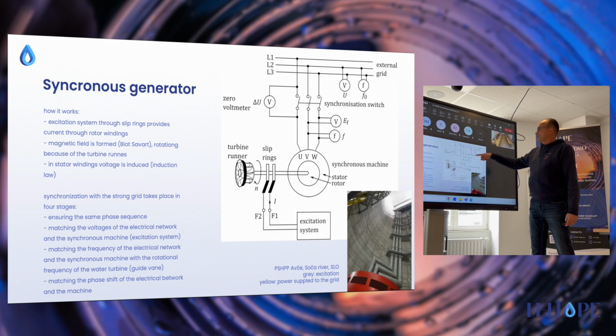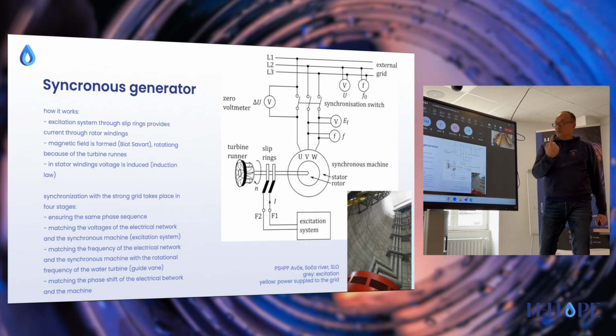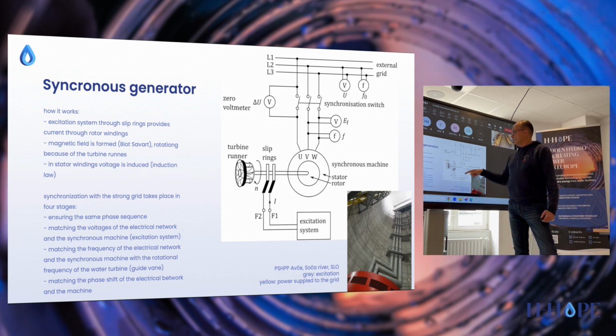You do that so that you first assure that the phase sequence on the generator is the same as the external grid. Then you have to match the voltage. You do that by what we call a zero voltmeter, measuring the difference between the external grid and the voltage provided here. If you want to increase the voltage here, you increase the excitation current.